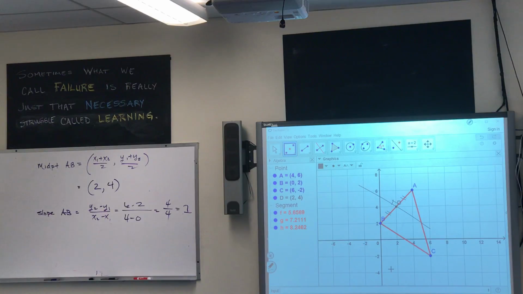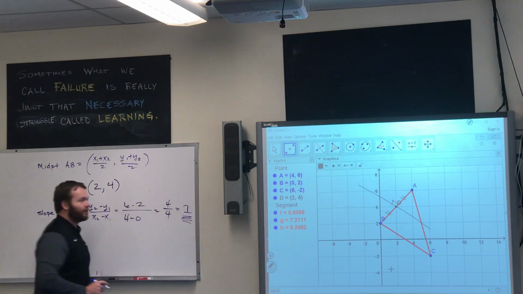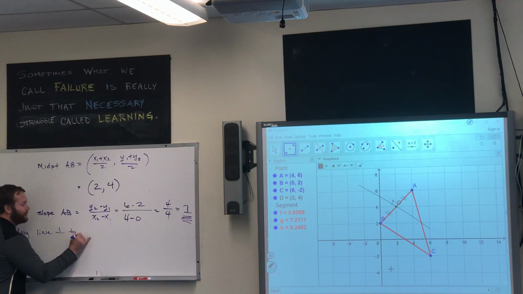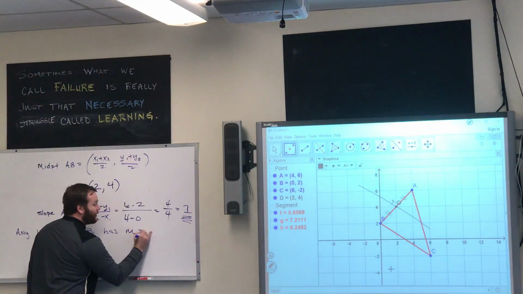Okay? Well, that perpendicular bisector is related in regards to slope to the slope of AB, right? Yeah. The slope of AB is 1. The slope of a line perpendicular to AB, okay? So any line perpendicular to AB, can you write this down, has slope equal to what?